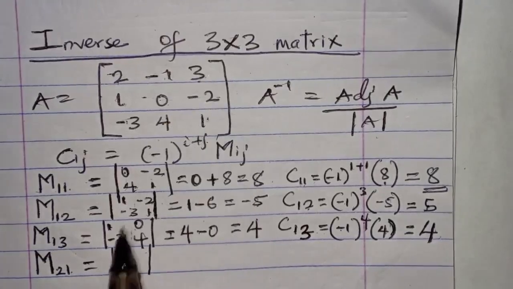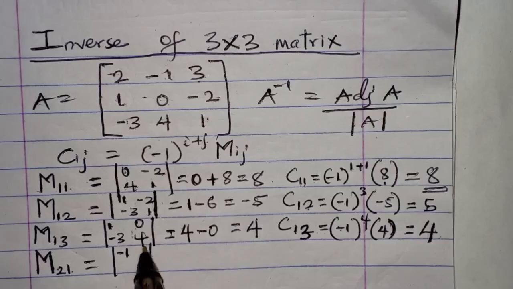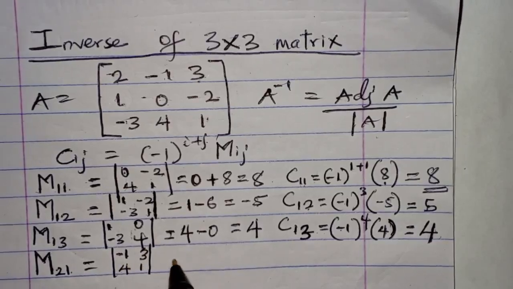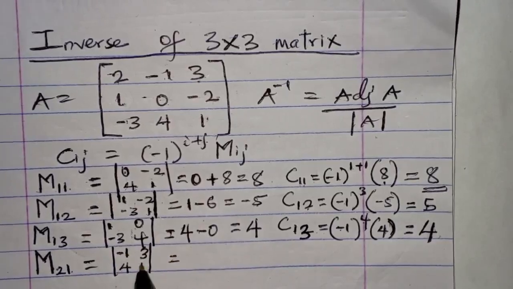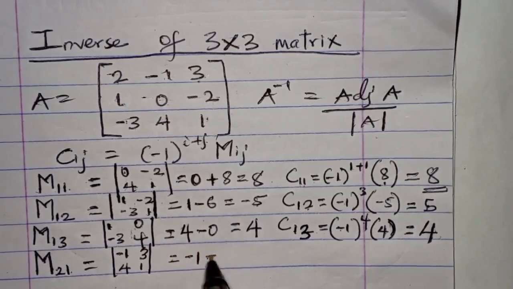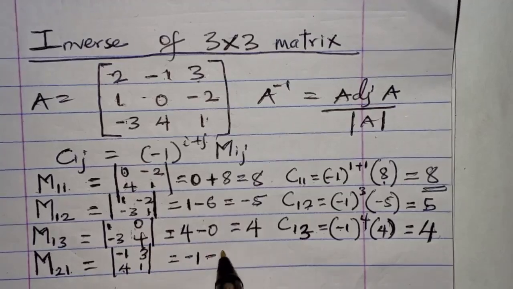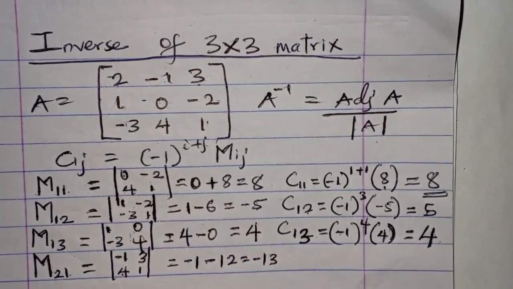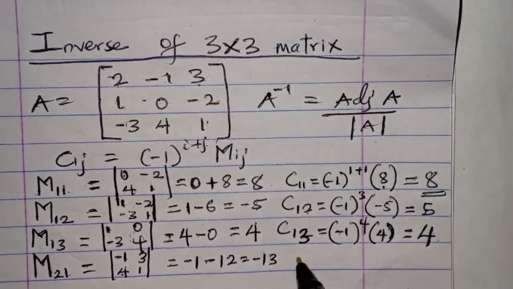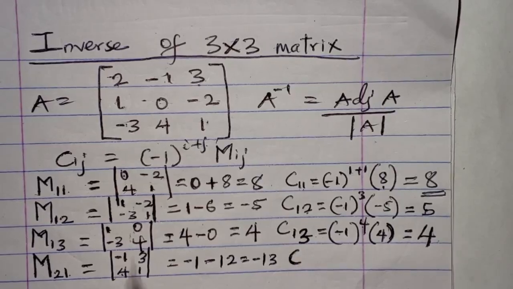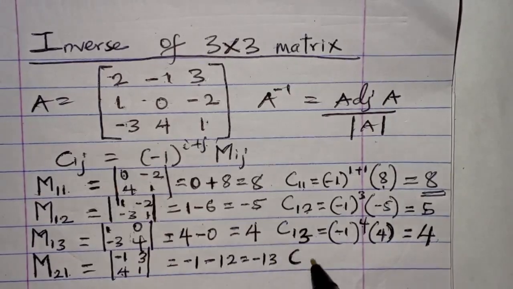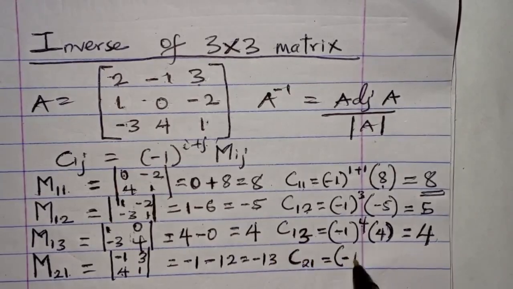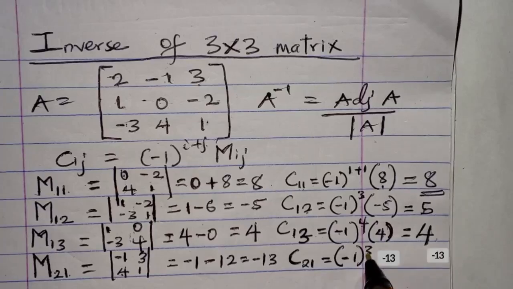That's all we have left. Minus 1 times 1 is minus 1, minus 3 times 4 is 12. What would that be? Minus 13. So the corresponding cofactor of that element, C21, is minus 1 to the third.